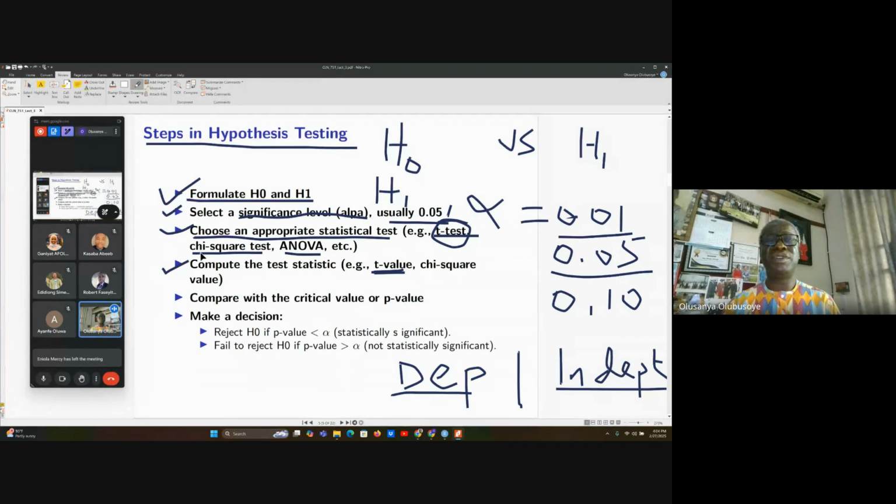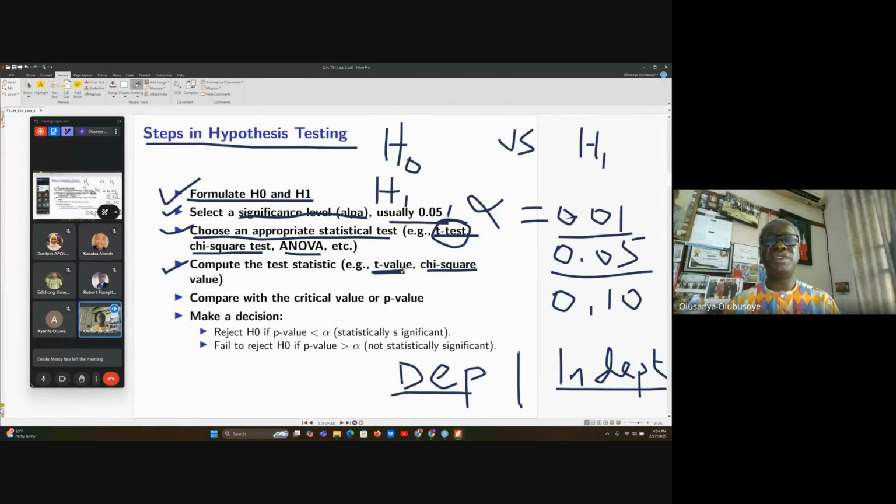If we have chosen the chi-square test, then we will need to compute the chi-square value. If we have chosen ANOVA, what we will compute is the F statistics, which is not stated here. So whatever test you choose here is going to determine the test statistic that you will compute in the fourth step.